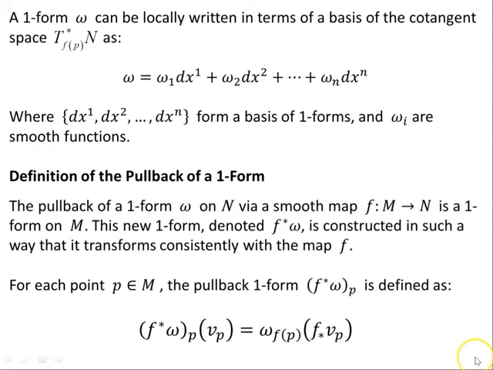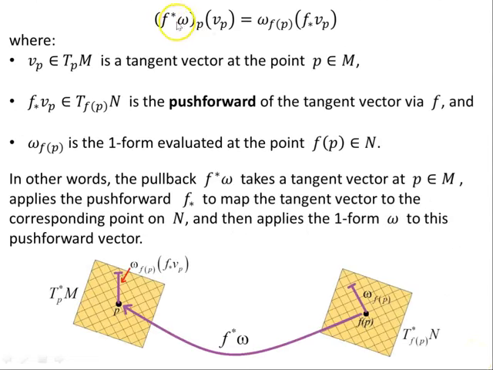Remember I was showing that in the diagram before. So f star omega acting at the point p on v_p is omega at f of p acting on the push forward vector f star v_p.